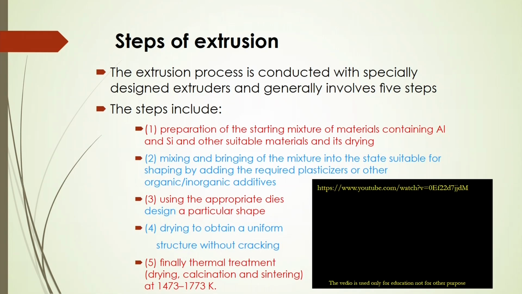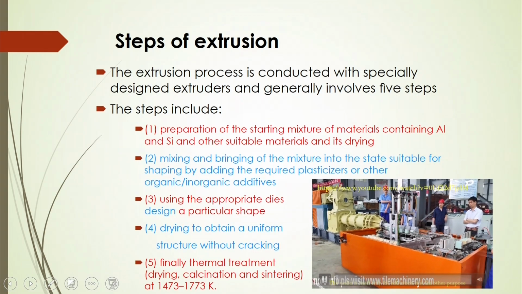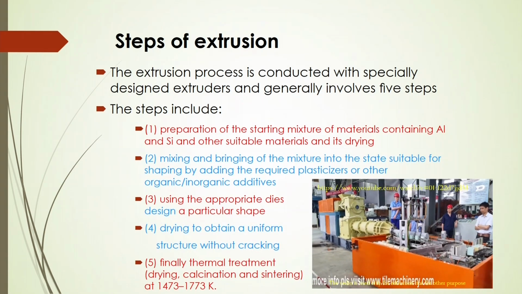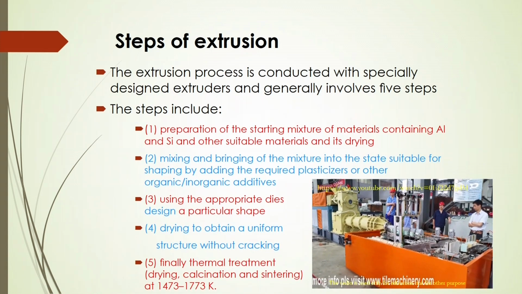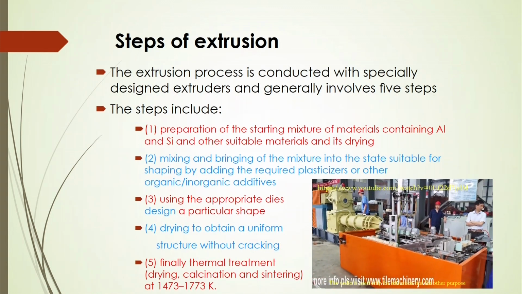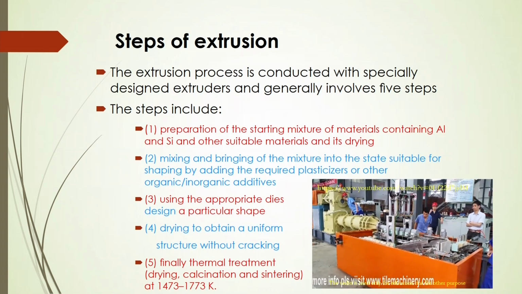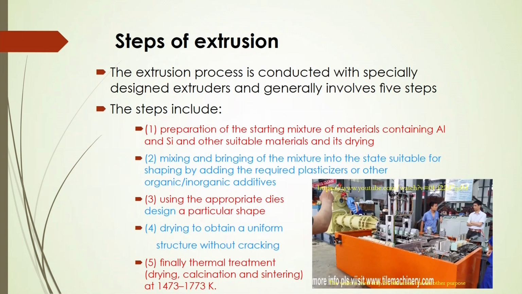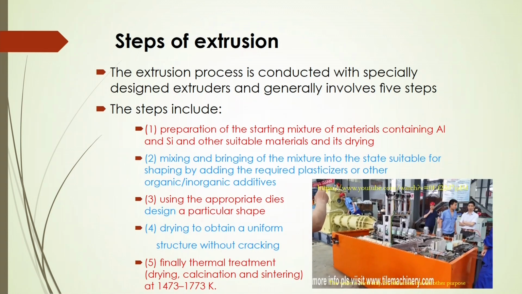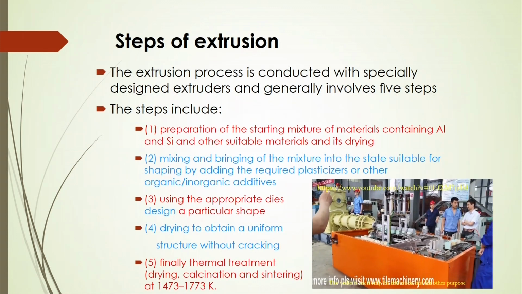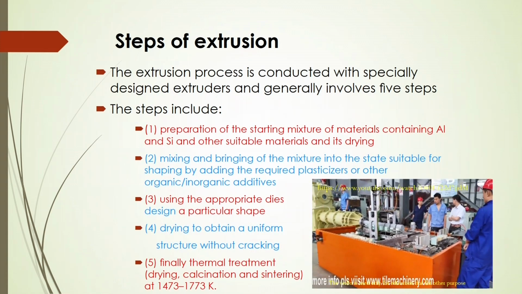One by one, the procedure is there. The extrusion process is conducted with specially designed extruders and generally involves 5 steps. The steps are like this: preparation of the starting mixture of materials that contains aluminum, silica and other suitable materials, and then drying.